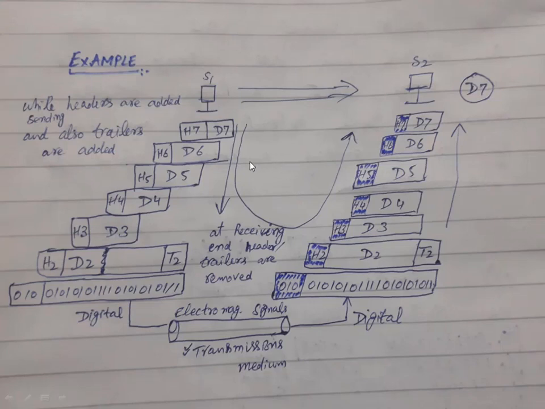Here these are 7 layers, and there are 2 systems, system 1 and system 2. System 1 wants to communicate with system 2, and how system 1 can communicate with system 2, we will talk about it.